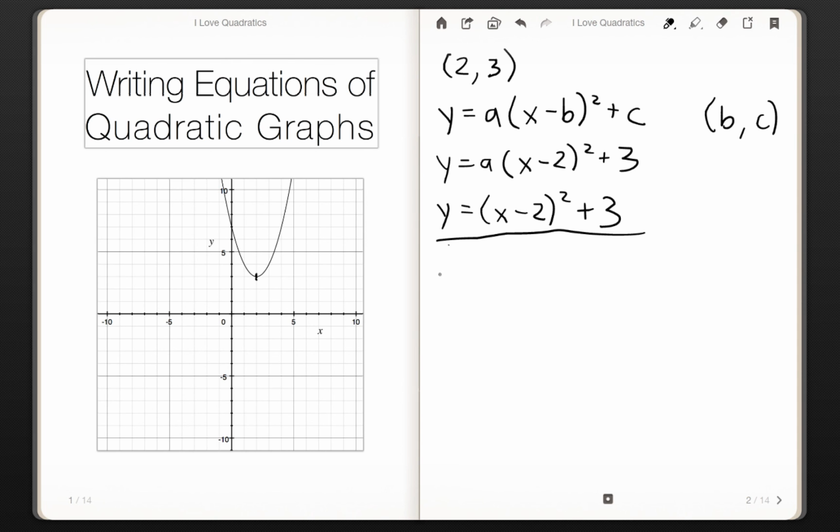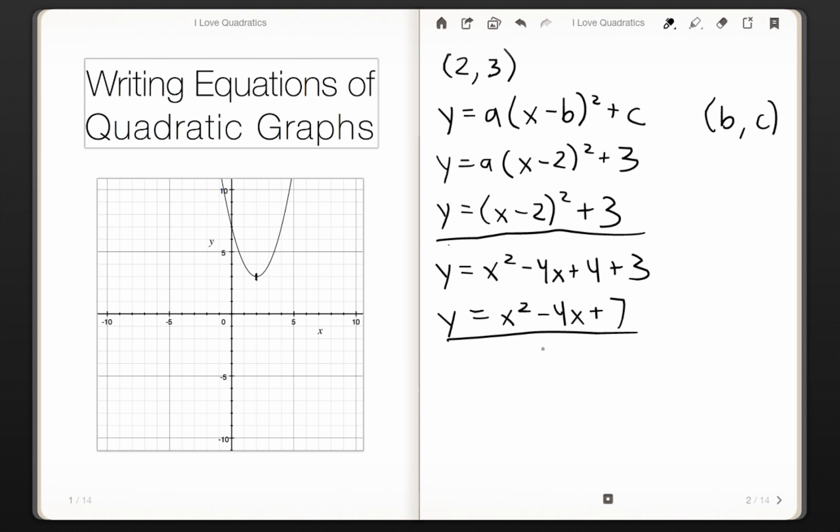There is one more thing we want to do, though. We want to put it in standard form, the form ax squared plus bx plus c, since that is what you'll normally see a quadratic starting in. So if we did that, we're just going to simplify this out. This is going to be x squared minus 4x plus 4 plus 3. So the standard form will be x squared minus 4x plus 7.